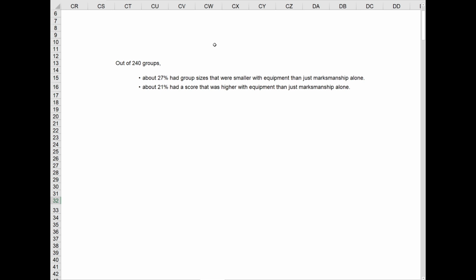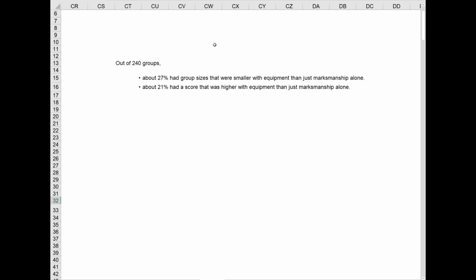So this goes back to the thinking that your marksmanship delivers a certain group size, and then once you add in equipment that has variation, all equipment has variation to it, once you add in that rifle and ammo combo that isn't perfect, the assumption is that your groups are always going to get bigger.